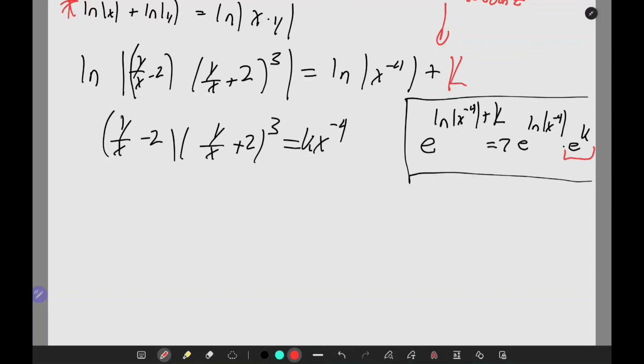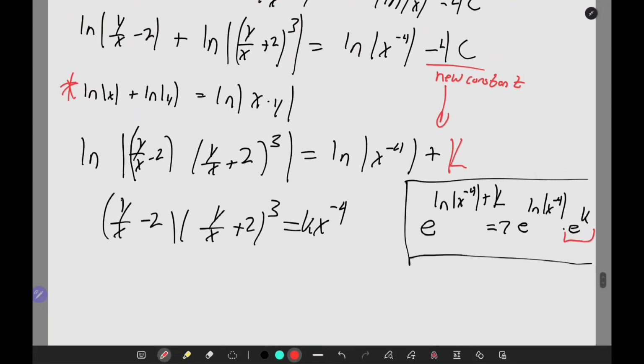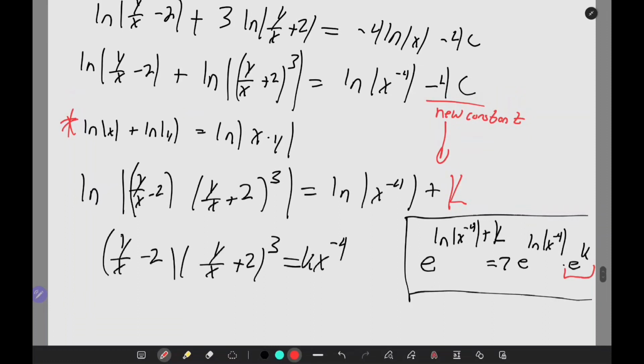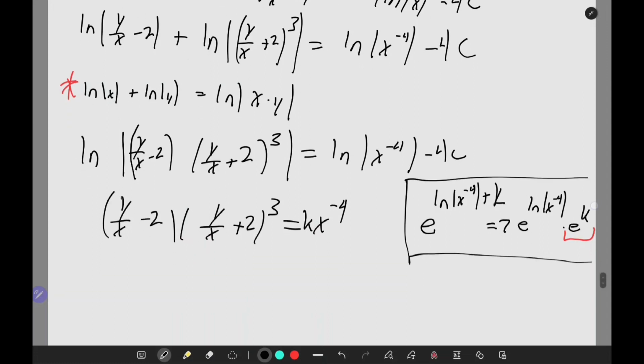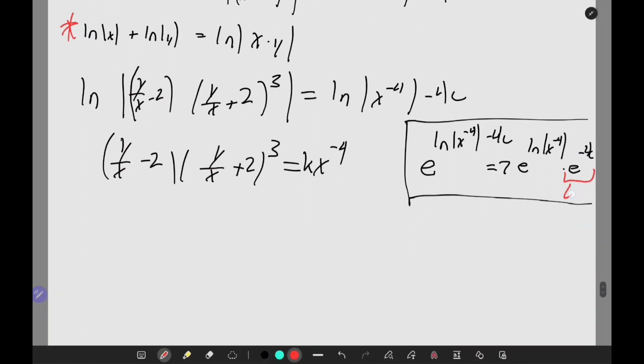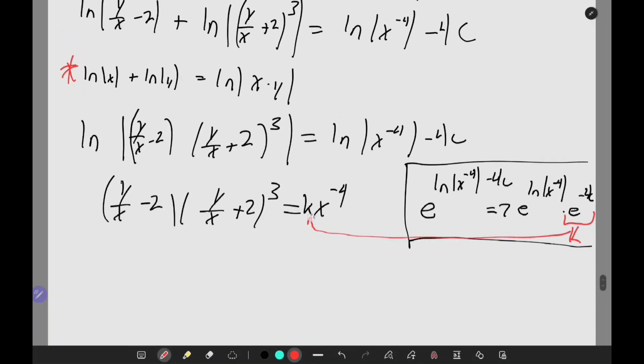To avoid confusion, I'm not going to rewrite this as a new constant just yet. I'm going to keep it like that for now. So now this becomes a new constant, k. Just to avoid confusion, we're going to plug this in right there. Okay? And we know this just becomes x to the negative 4th because we exponentiated that natural log.